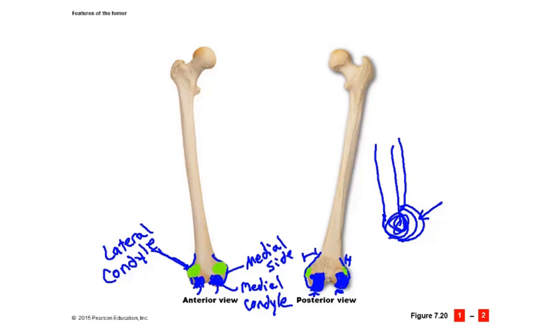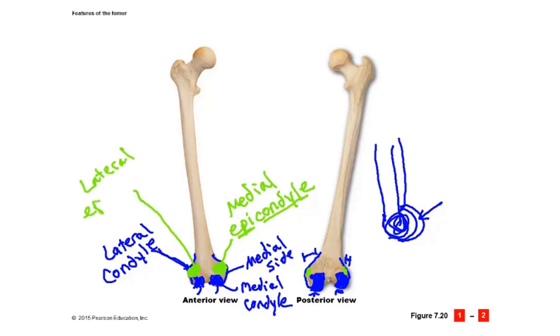They're right above the condyles, so what are they called? That's right, epicondyles. Epi means above, so above the condyle. So this would be the medial epicondyle, and this would be the lateral epicondyle, above the condyle.